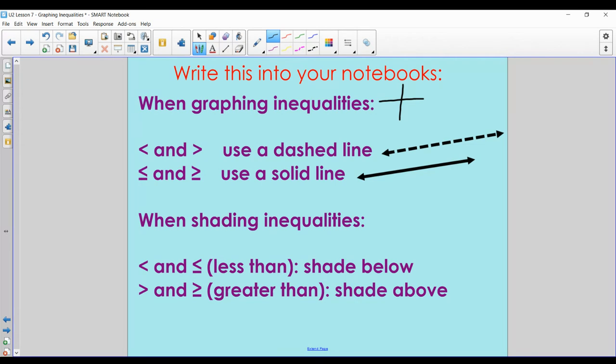Less than or equal to, greater than or equal to, uses a solid line because the points on the line are included. If I have less than, I'm going to shade below. So if I had a line like this, I would shade below the line. Greater than and greater than or equal to, I'm going to shade above the line because it's all the points that are bigger.